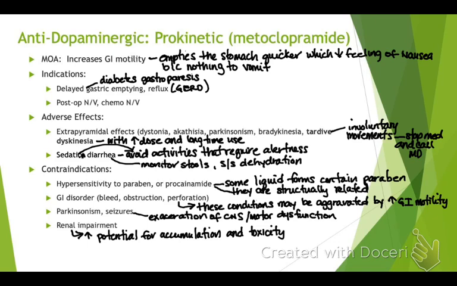Indications that we give these meds for, again, delayed gastric emptying or reflux, patients with GERD, patients with diabetes, gastroparesis. We can give it to those patients for post-op nausea and vomiting, those patients with chemo, nausea and vomiting.